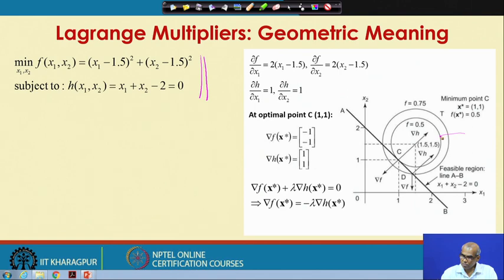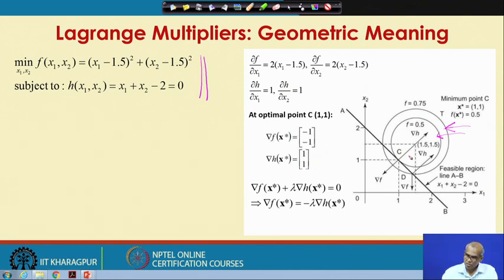This is the contour for objective function value 0.5. The outer one is the contour for objective function value 0.75. So, the objective function increases as you go outwards, as you go away from the center.